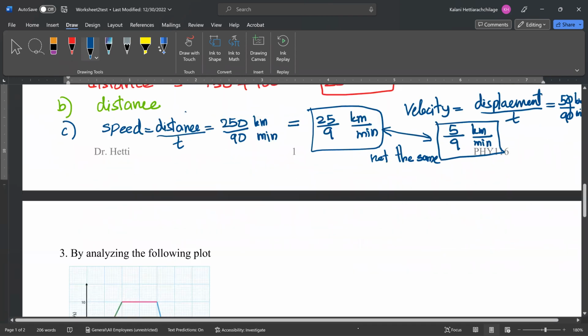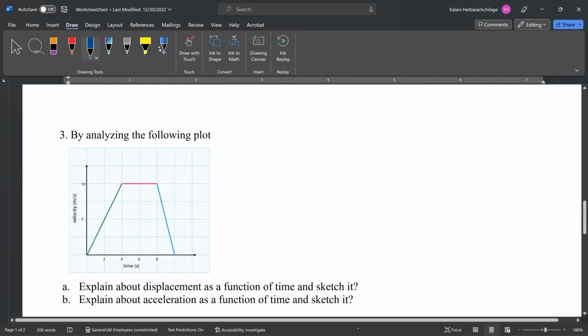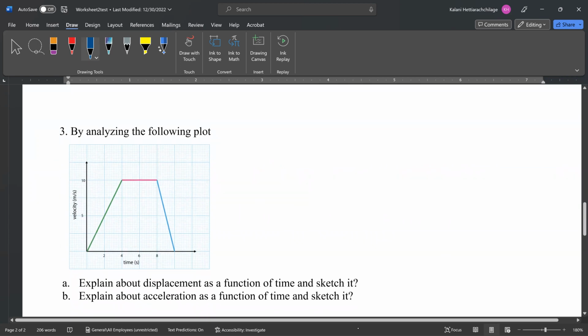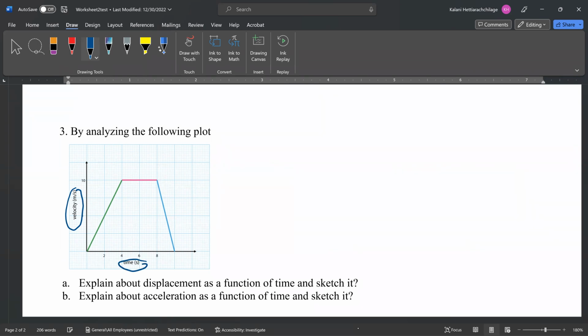Okay, let's move into the next question about the graphical information. When you see a graphical representation, you definitely need to keep watching what is actually given to you. Especially, you need to read the axes. This is velocity and this is time.